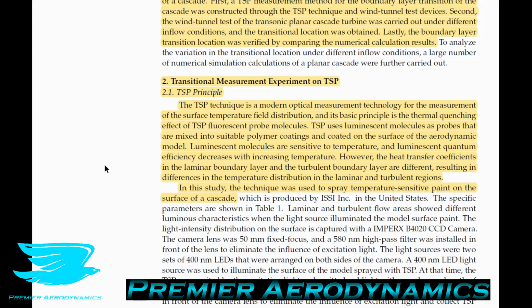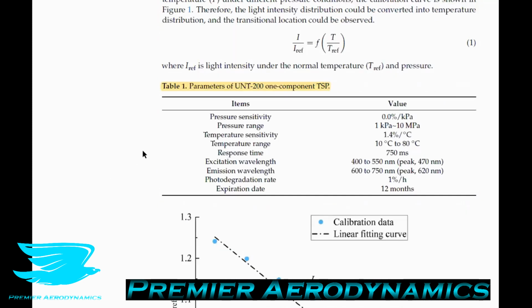In this study, the technique was used to spray TSP on the surface of a cascade. In table 1, the specific parameters are shown. Laminar and turbulent flows show different luminescent characteristics when the light source illuminated on the model is present. The light sources were 2 sets of 400 nanometer LEDs that were arranged on both sides of the camera.